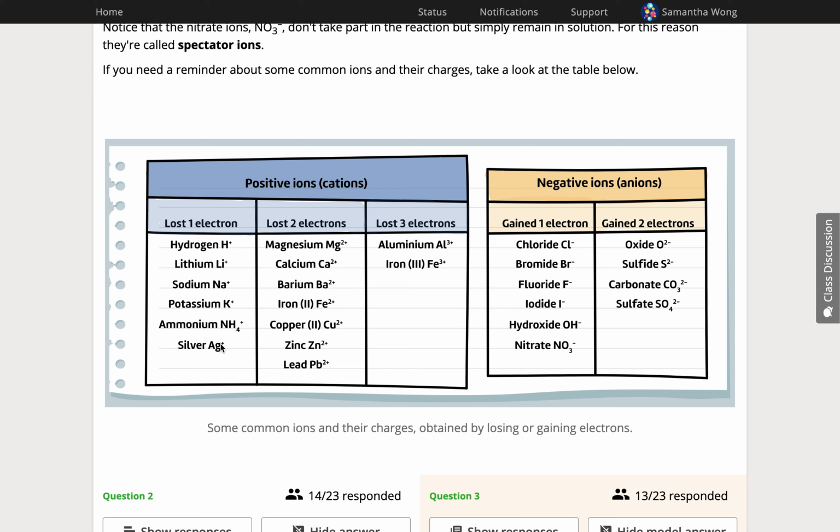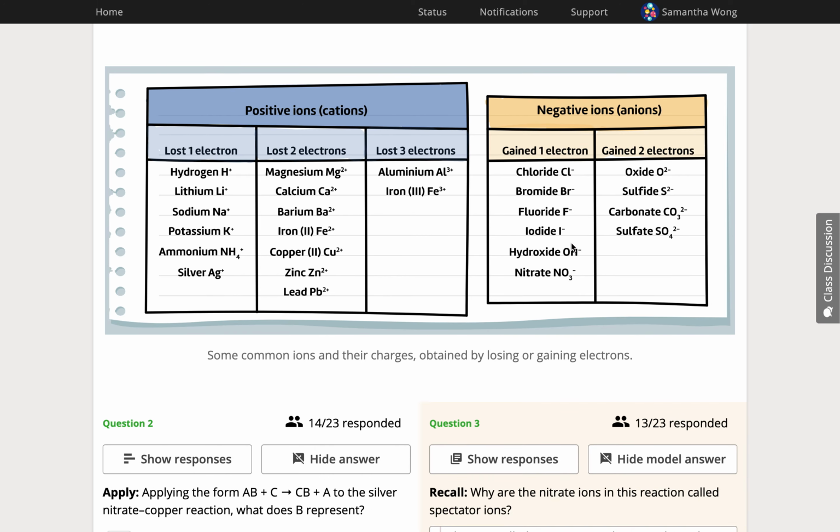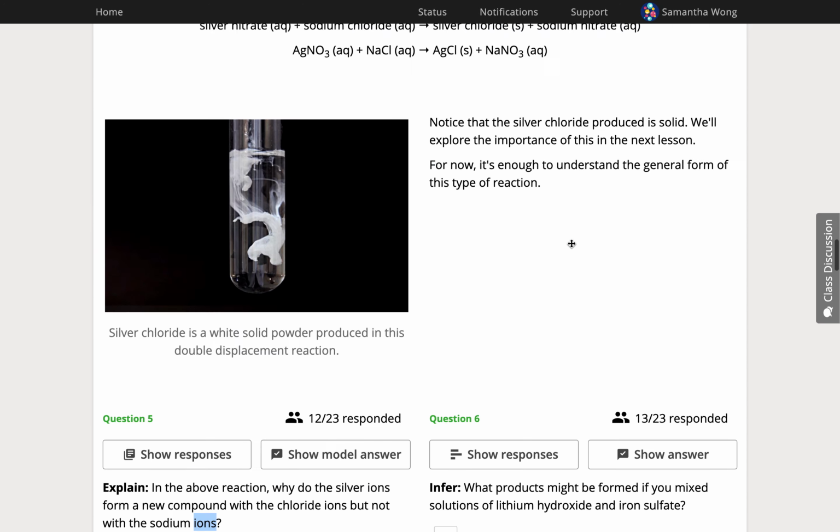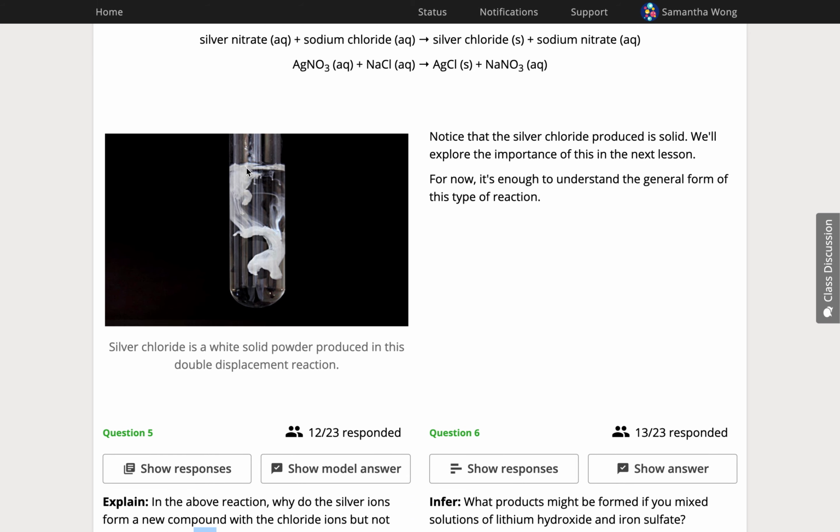Whereas when silver comes in contact with the chloride, the positive and the negative, they attract to one another. As a result, they can react, and what we get is our silver chloride solid.